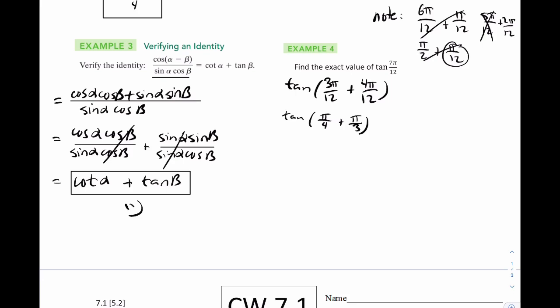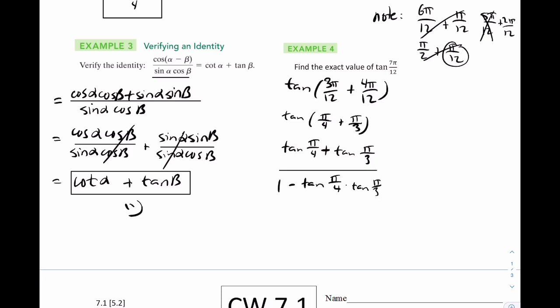So now let's apply the formula. That's tan pi over 4. On the top, the sign should stay. And then on the bottom, we're going to put 1. The sign switches, so minus tan pi over 4 times tan pi over 3.